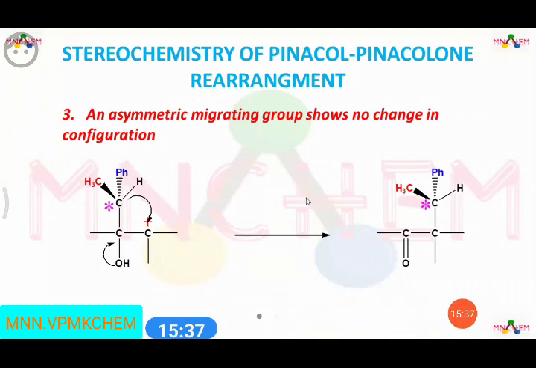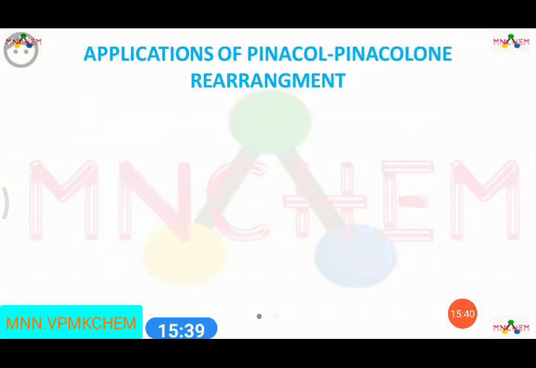The last point of discussion for the Pinacol-Pinacolone rearrangement is the application of this rearrangement reaction. There are various applications. Here we are going to discuss one important application, that is formation of spiroketone. This rearrangement is useful to synthesize spiroketones from cyclic ketones.